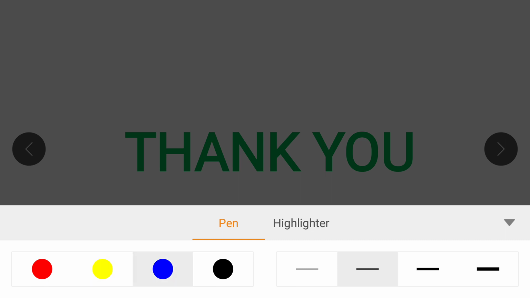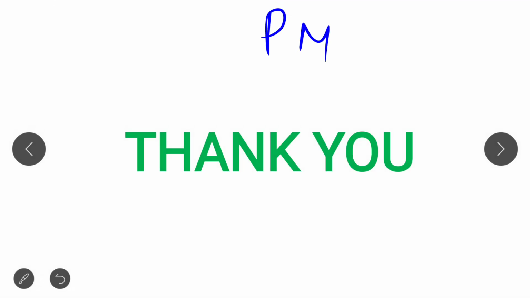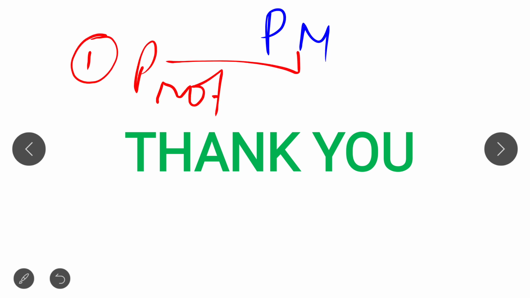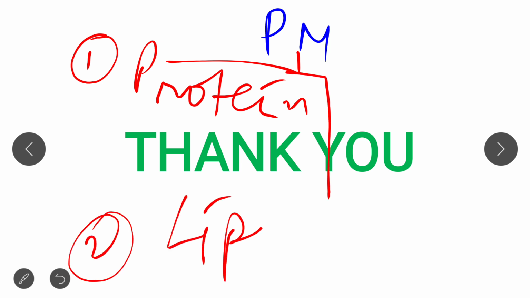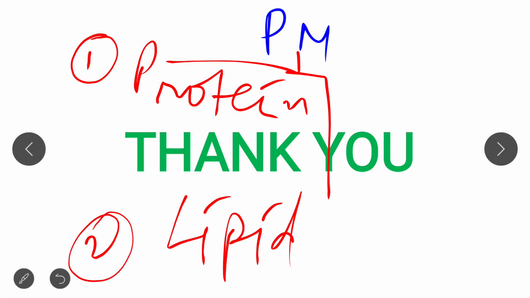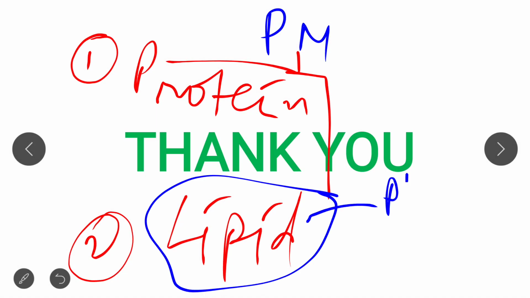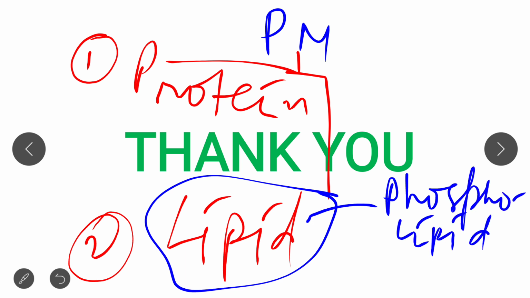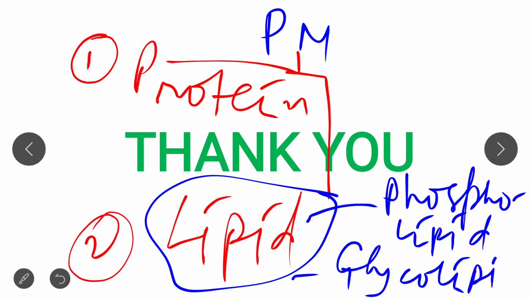I already explained that the plasma membrane majorly contains protein and lipid, and out of lipid it is basically three types: one is phospholipid, one is glycolipid, and another one is sterol.